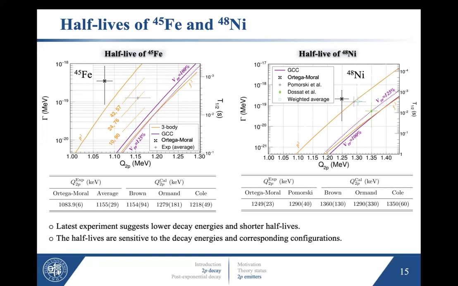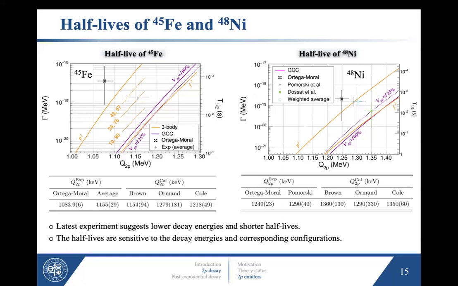So our calculated lifetime as a function of decay energies is right on this F-wave limit. But experimentally, they suggest differently. The latest experiments suggest there might be smaller decay energies and shorter lifetimes. The latest experiment is in accord with previous experimental studies as well as theoretical studies within the uncertainty.